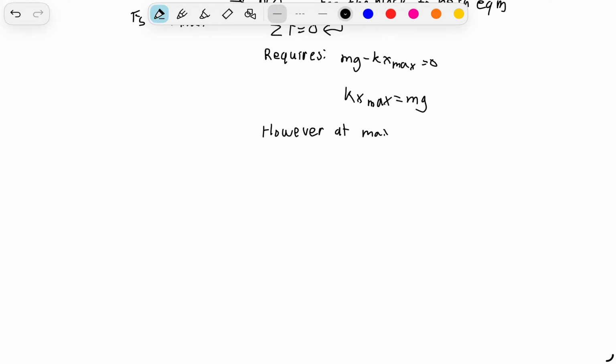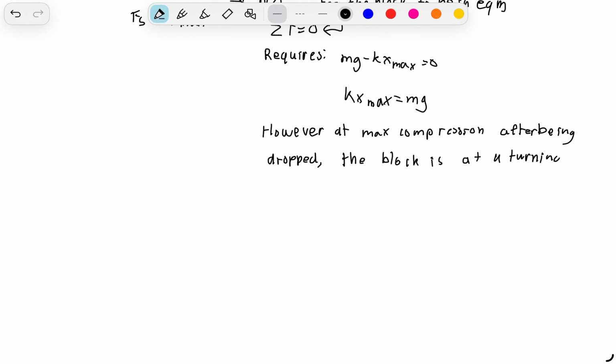However, at max compression, after being dropped, the block is at a turning point, not equilibrium as we know.